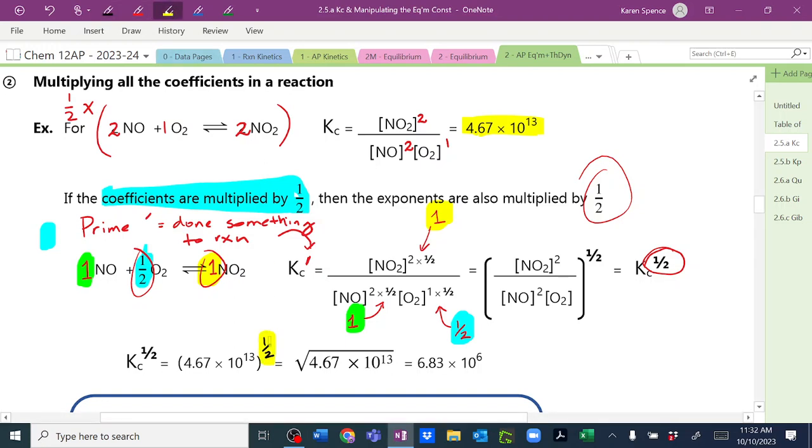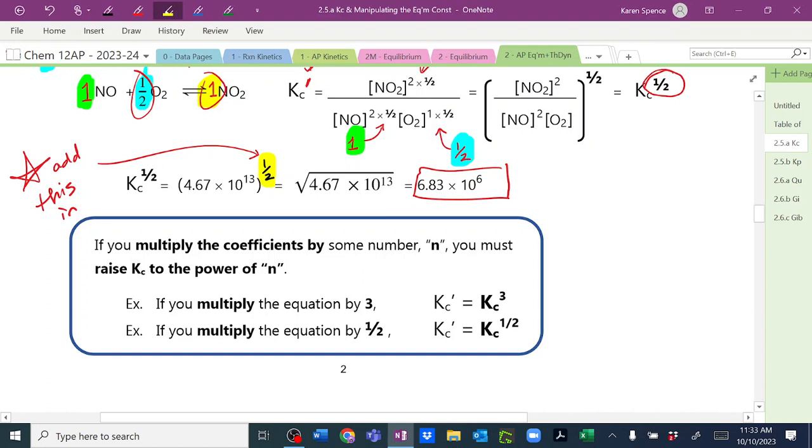I left this out, make sure you write it in. Okay, make sure you put that half there, and of course a half is the same as a square root, so you can use whichever button you want. You can use x to the 1 over y, or you can use your square root button, and you get your final answer. Is that good? Okay.